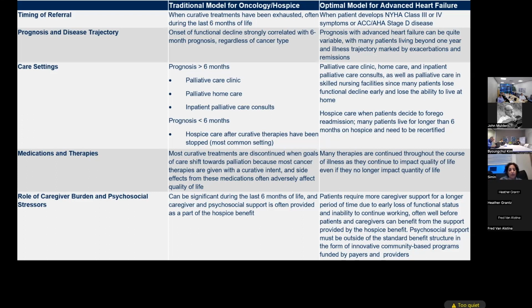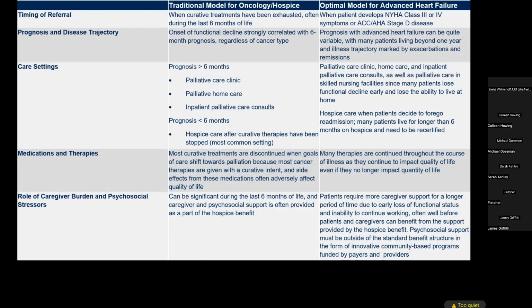And again, for oncology patients, for medications and therapies, we tend to have a clearer idea of when therapies are curative, and so a lot of times when they're discontinued or when the goals of care shift towards palliation, it's a much clearer point. Heart failure, the discontinuation of therapies is kind of gradual, and there's not really a point where we see that.